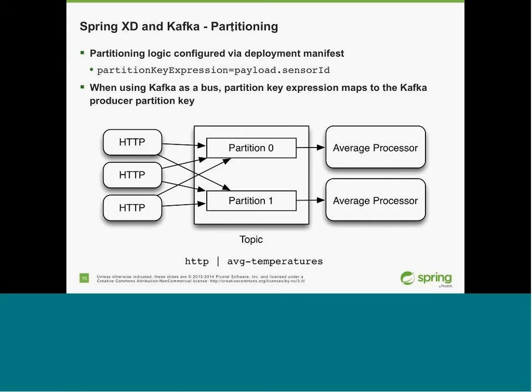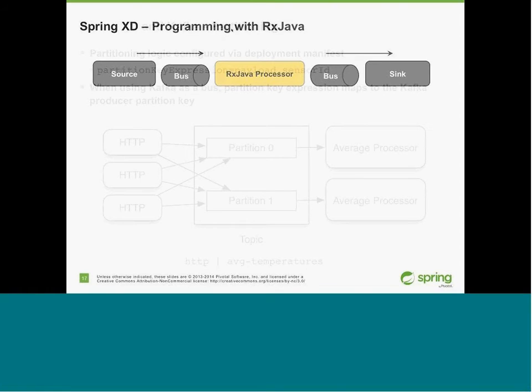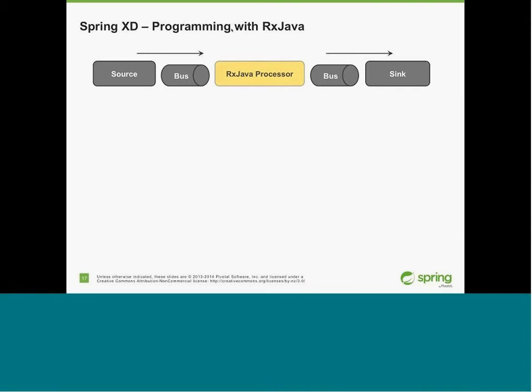At the other end, there is the integration with the programming model. Spring XD comes with its support for RxJava in the form of its own RxJava processor, which is a wrapper around the RxJava API.